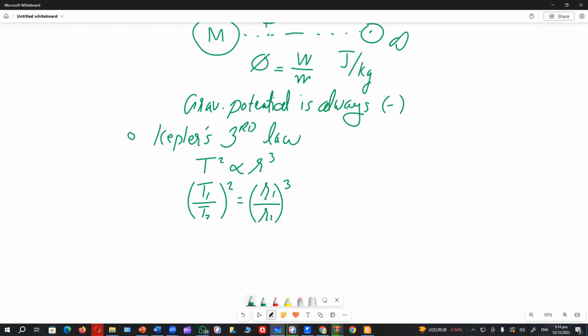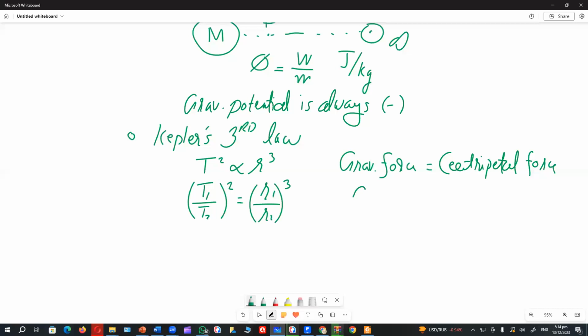Kepler's law says that the gravitational force provides centripetal force for every object when you move in space.